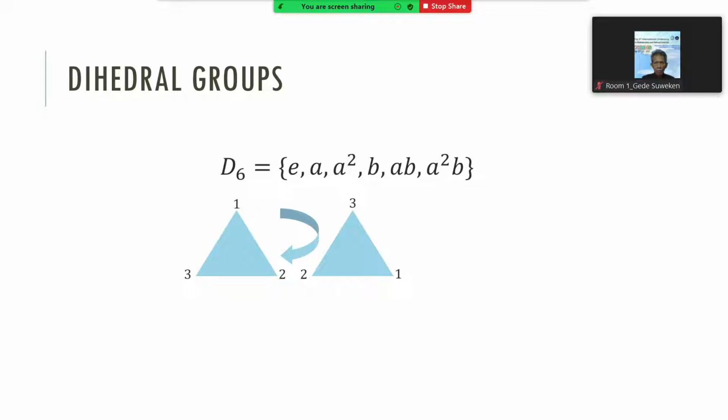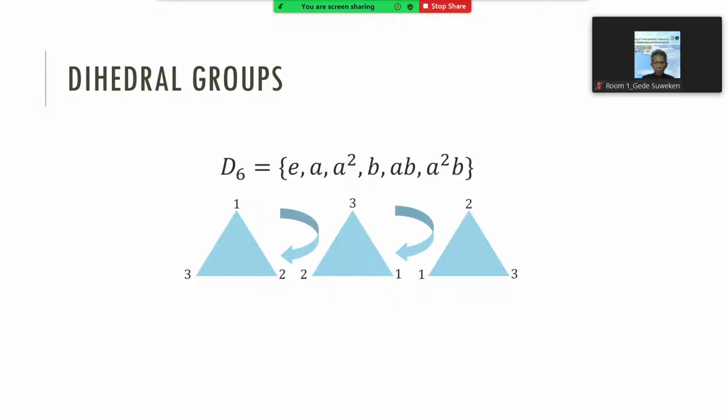This is the first symmetry, and we give it the notation A. The second one is the rotation of 240 degrees. It is clear that this rotation is the first rotation applied to the original triangle 2 times.